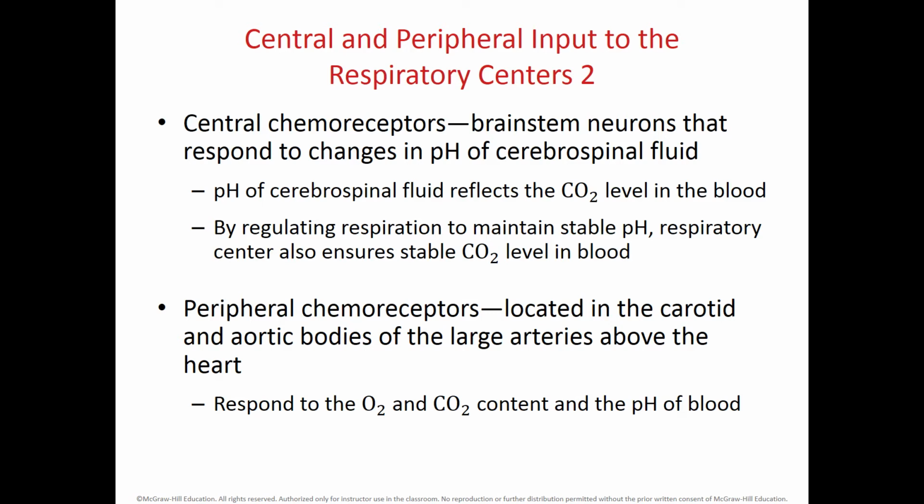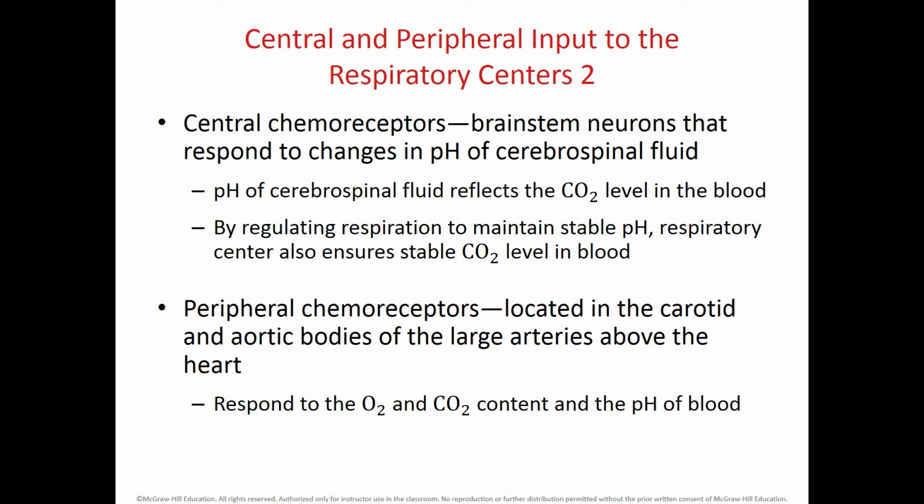Now, your central chemoreceptors, the ones found within the brainstem, will detect changes in the pH of the cerebrospinal fluid. And then the pH of the cerebrospinal fluid will reflect the levels of CO2 in your blood. When you regulate your respiration, you maintain stable pH levels, and then your respiratory center will maintain stable levels of CO2.